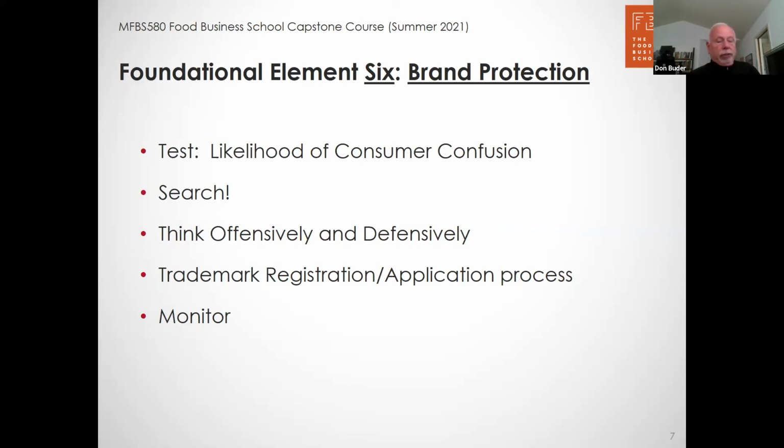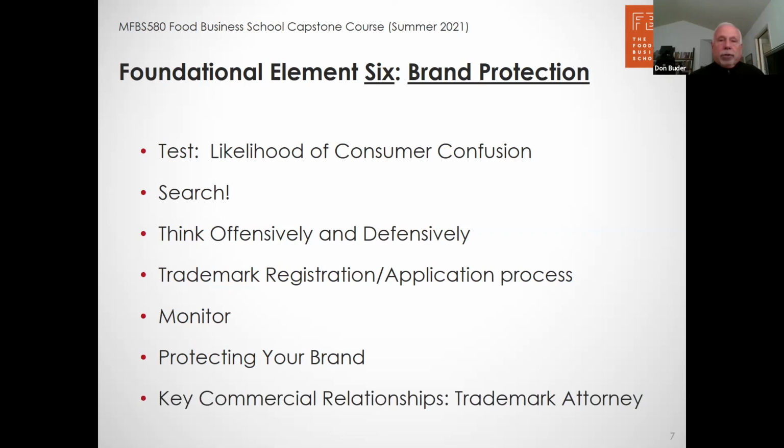From the legal side, sometimes it merits sending what's called a cease and desist letter to a competitor who's coming into your turf to say, hey, that's my turf. I have a trademark registration. You're infringing on it, and you have to change your brand name. That process is ongoing for companies that grow. And that's part of the brand protection process, where we're not just building a brand, but we're protecting our brand as we proceed up the growth curve.